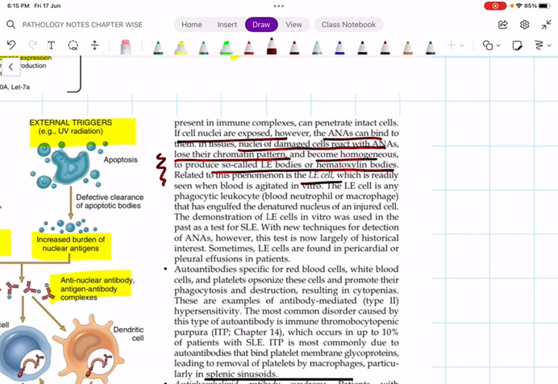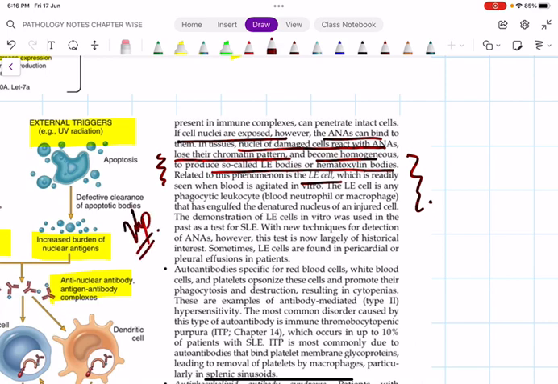The damaged nuclei bind with immune complexes. There will be loss of chromatin. A homogeneous structure called hematoxylin body, or LE body, is formed. This will be engulfed by the neutrophils and macrophages present in the blood. After engulfing it, the neutrophil or macrophage is what we call an LE cell. So that is the LE body. This is the LE cell. Remember, this is very, very important.